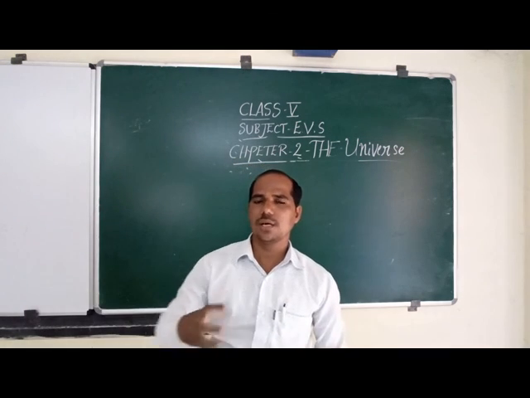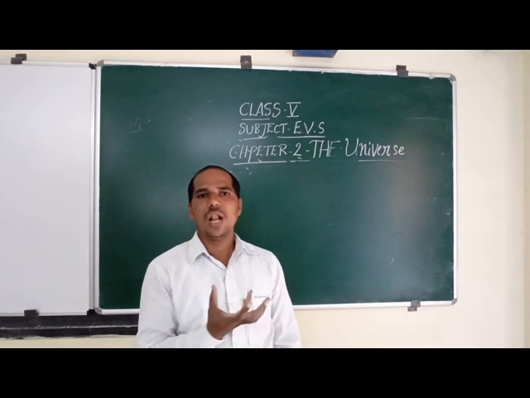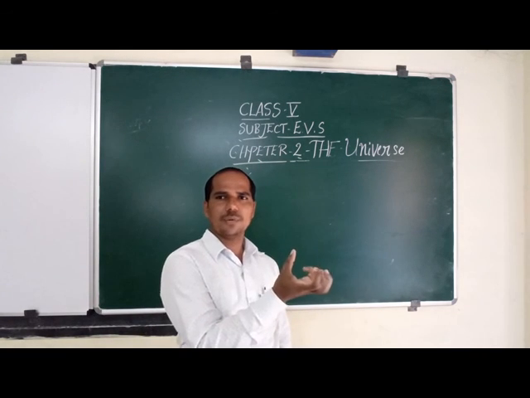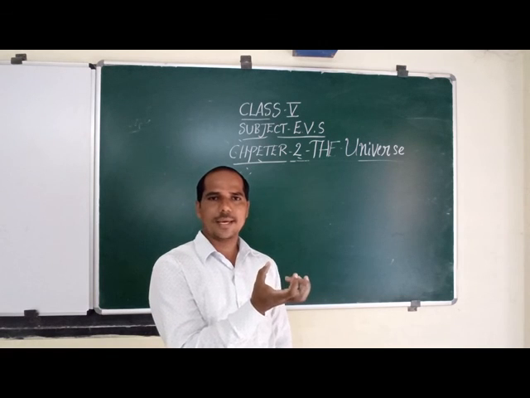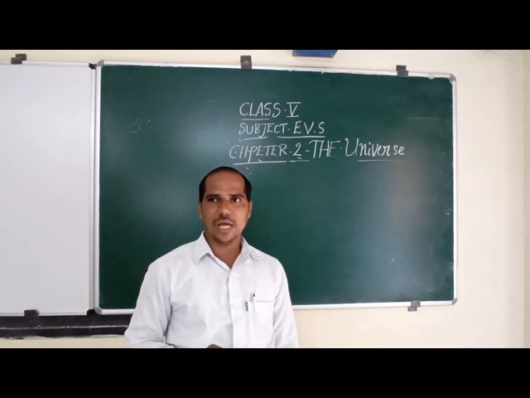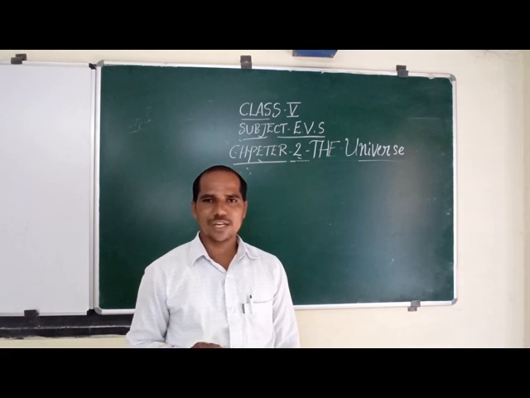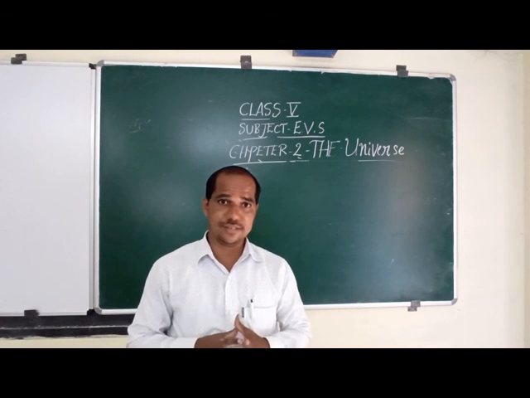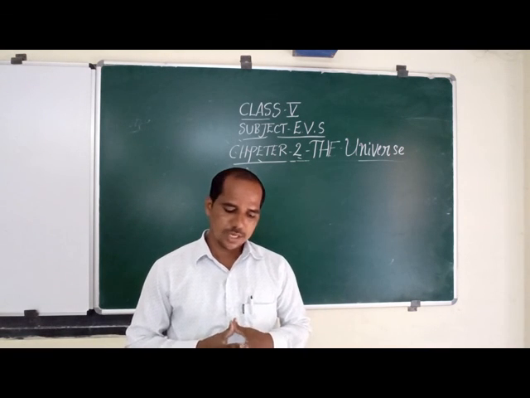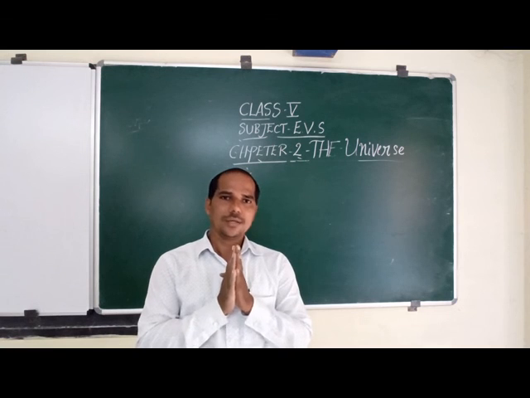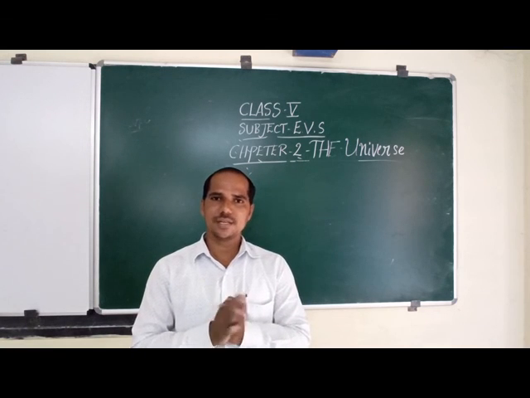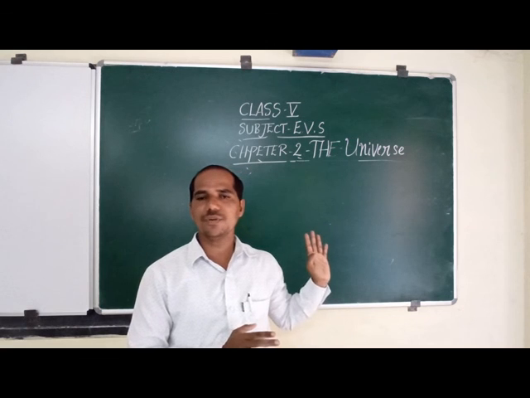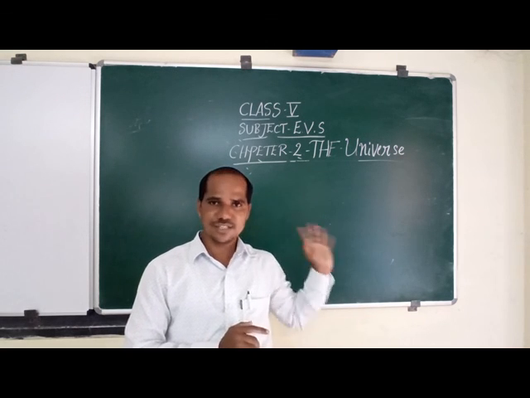Take one torch and a big ball as a model of the sun, and a small ball as the moon. Do that activity at home and explain it to your parents. Understood? Dear children, remember all these points about the universe. Learn and study. Understood?